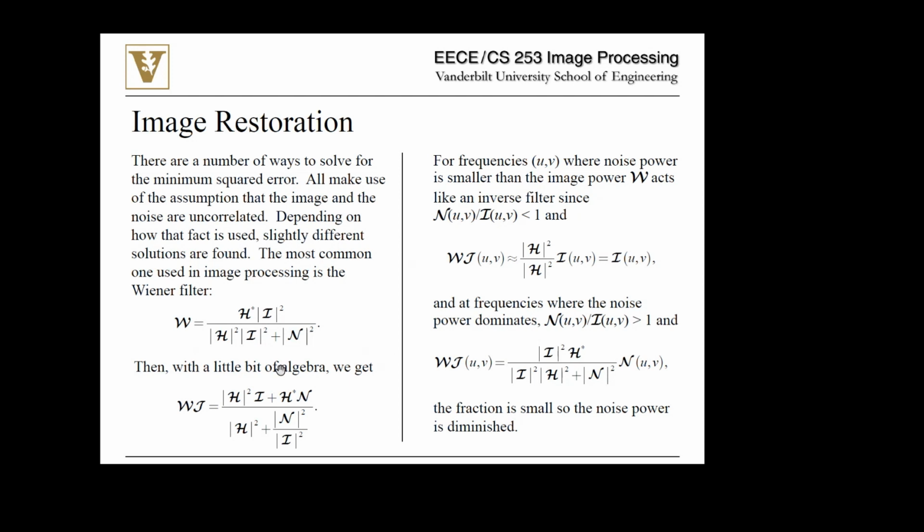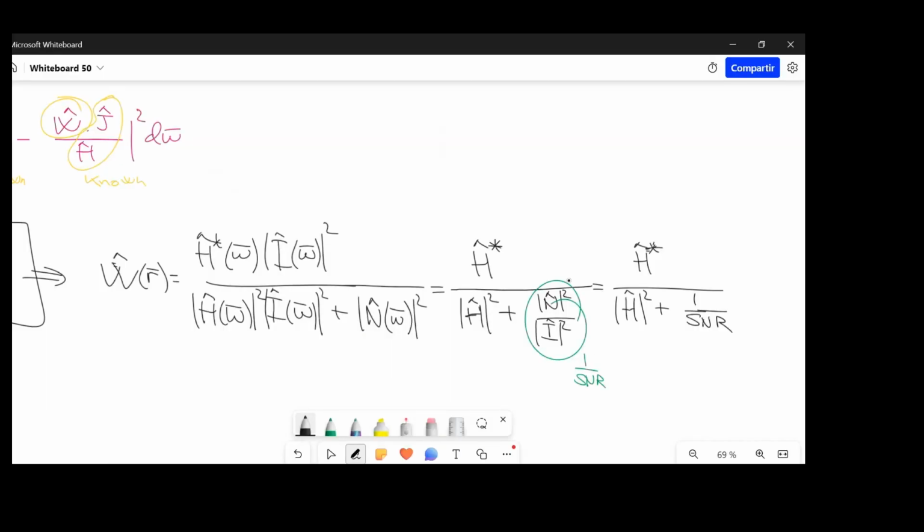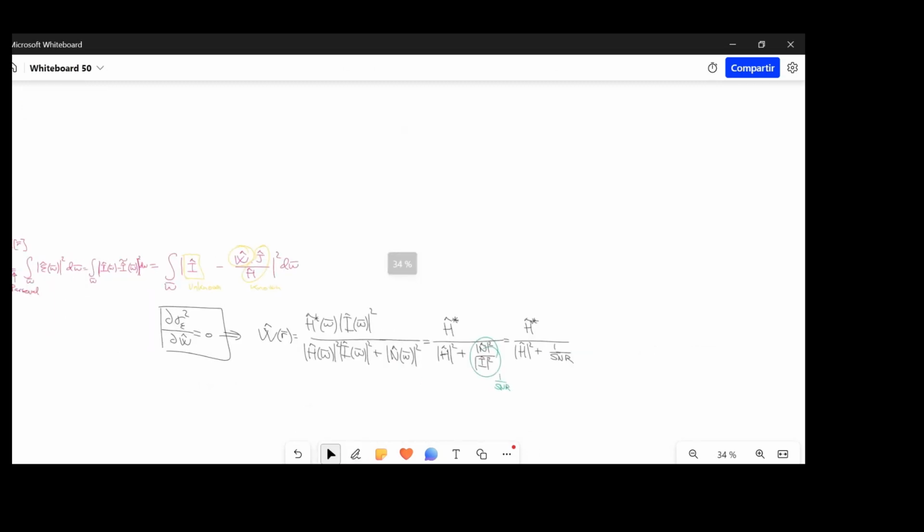And now you can fit that. Once you have it, now you have W. So all you have to do is multiply W by J and divide by A. Then you have estimated I. Now you follow this recipe.